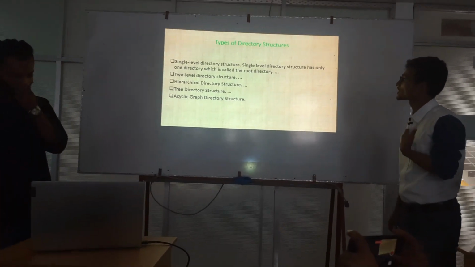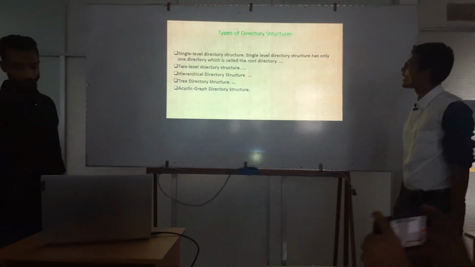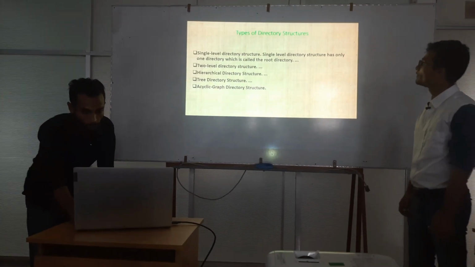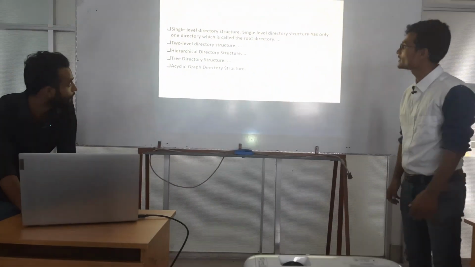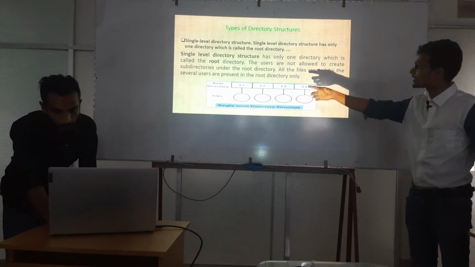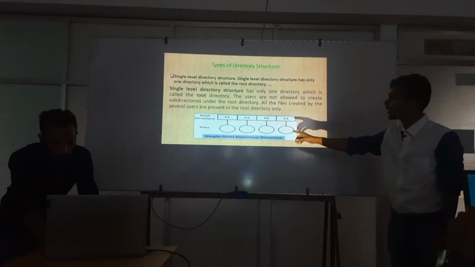Types of directory structure. There are 5 types of directory structure. First is the single level directory structure. I explain: single level directory structure means one root directory and one user file.